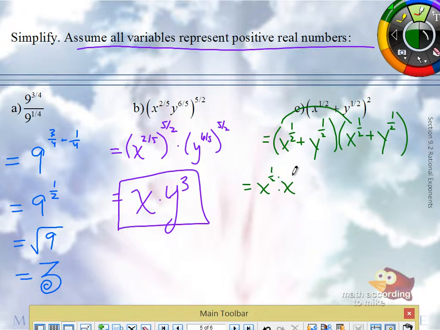Actually, I'll just write it all out. And then outer will give you x to the 1/2 times y to the 1/2.